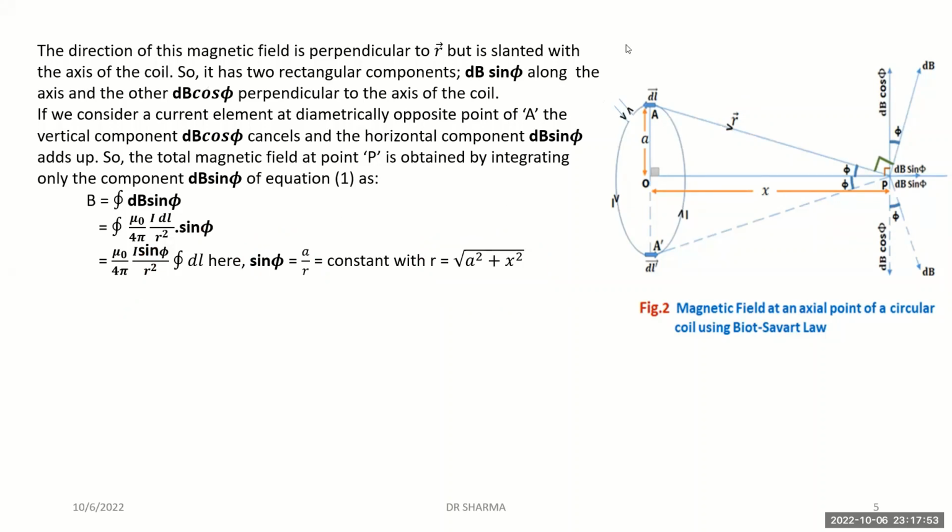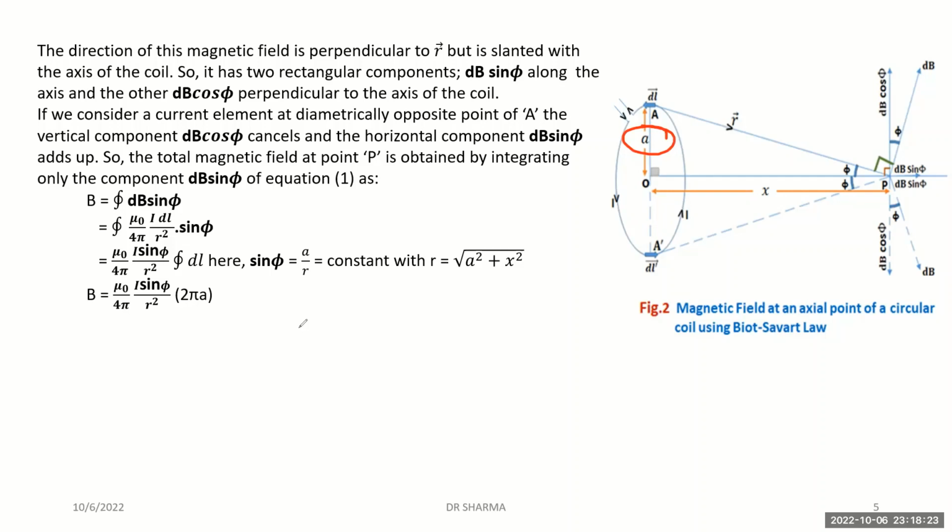Now integrate only dl. Integration of dl throughout the circumference means the circumference itself. So we replace that integration dl by the value of circumference, that is 2 pi times radius. The radius here is small a, not r.